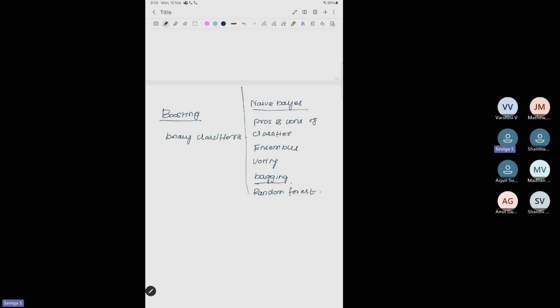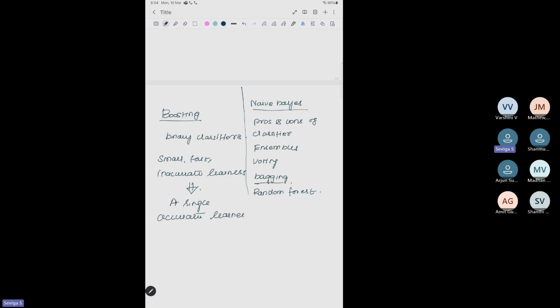Boosting lets us combine a large number of small, fast, inaccurate learners into a single accurate learner. So this is the concept of boosting.